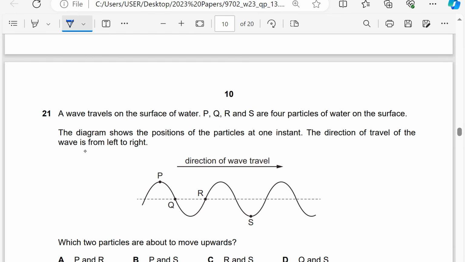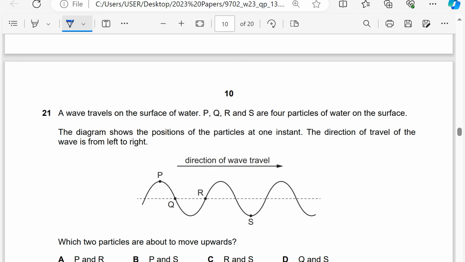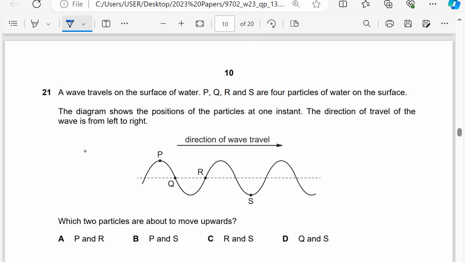A wave travels on the surface of water. P, Q, R, and S are four particles of water on the surface. The diagram shows the positions of the particles at one instant. The direction of travel of the wave is from left to right. That means if it's from left to right, this particle must be vibrating downwards.